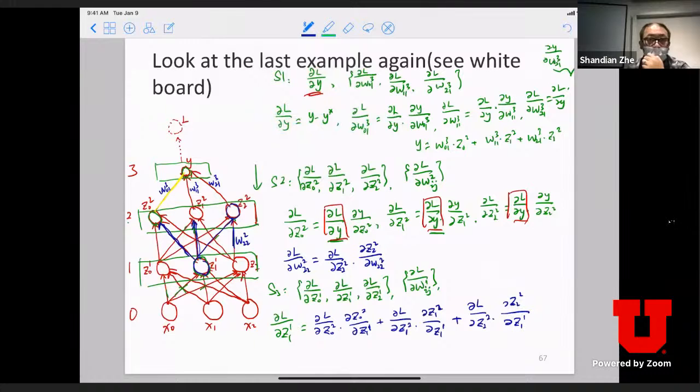Don't forget, you need to look at how the neurons in the next layer are dependent on your current neuron. And similarly, when you compute partial L over partial Z01, can anyone help me finish the formula?